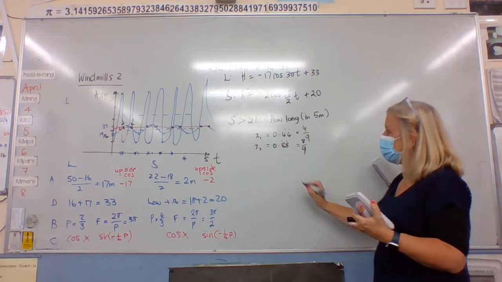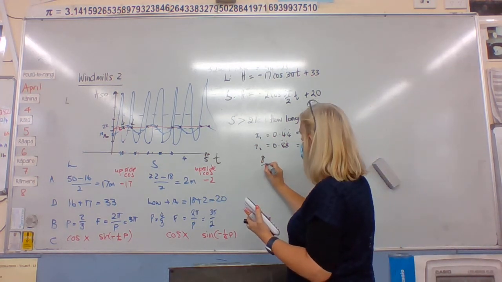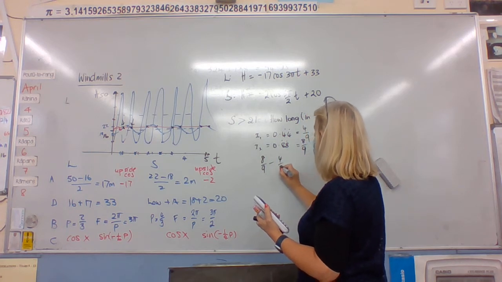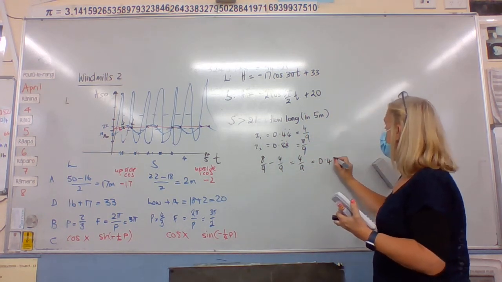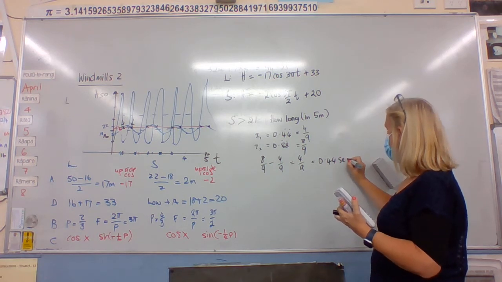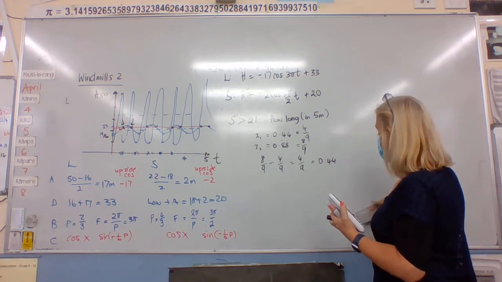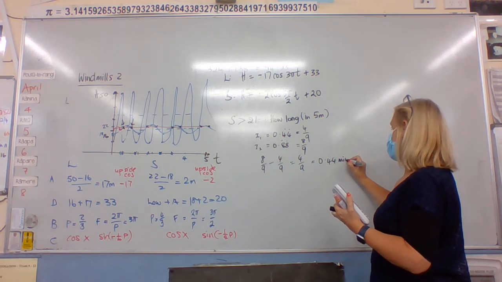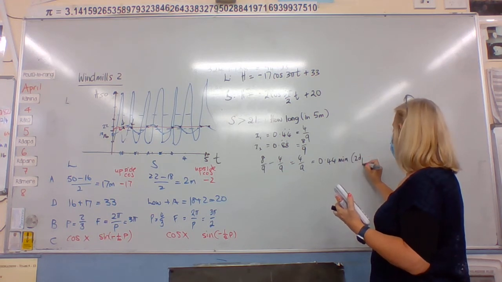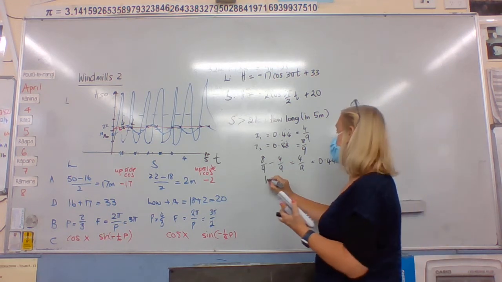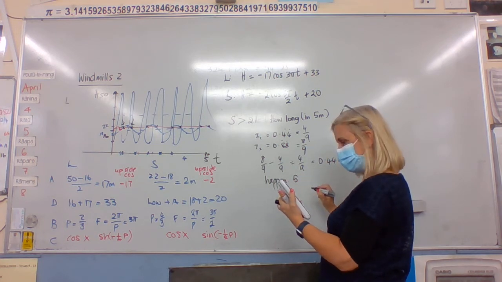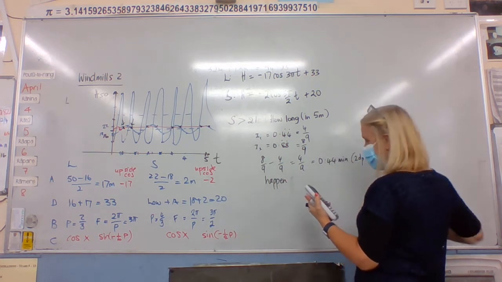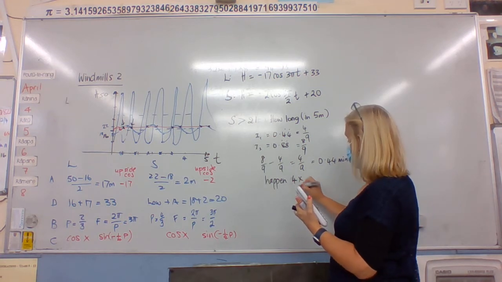So the interval is from 4/9 to 8/9, which is 4/9, or 0.44 minutes to 2 dp. And it happens 4 times.